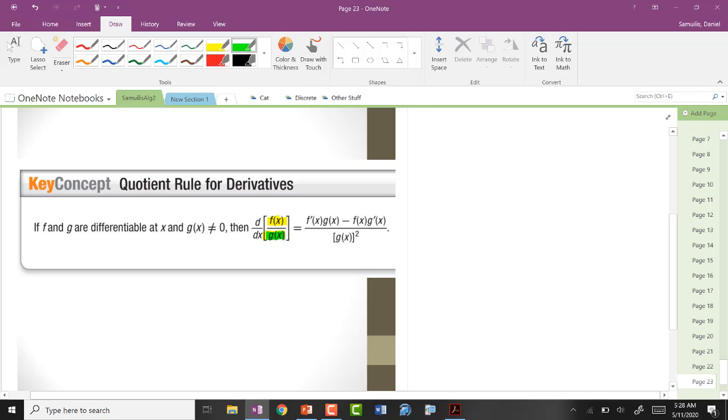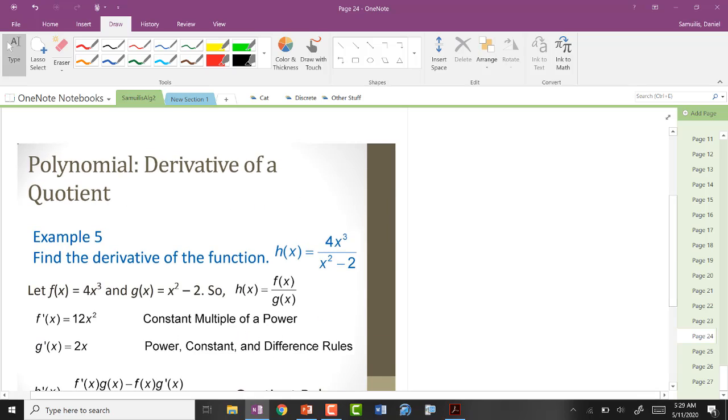We have f of x over g of x. The rule is the derivative of the first function times the second function untouched minus the first function untouched times the derivative of the second function, over the second function untouched squared. Okay, so that is the formula for the quotient of non-monomial denominators.